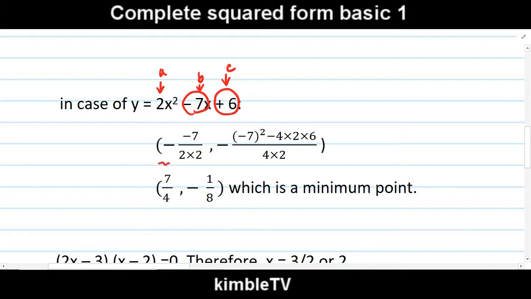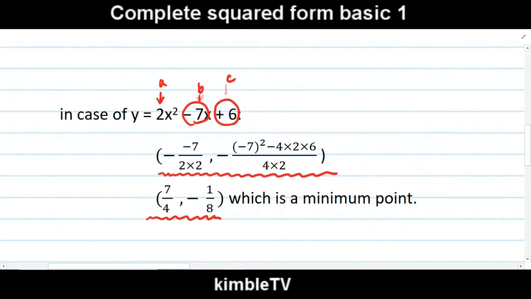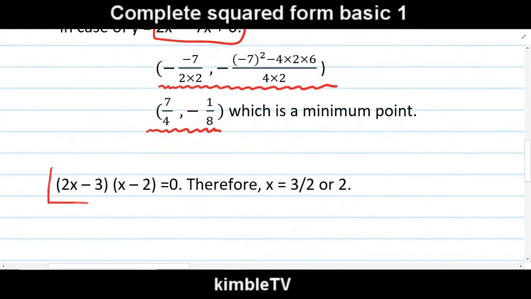I took this process to get this result, which is a minimum point. And after that, I factorized this one, and then I got these factors. Therefore, I have got the x roots, 3 on 2 or 2.